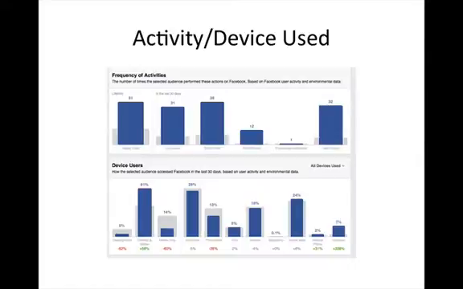This will share the different activities they do. So in the past 30 days, the average person who liked this page has clicked on 32 ads. They've shared 12 posts. They've liked 35 posts.